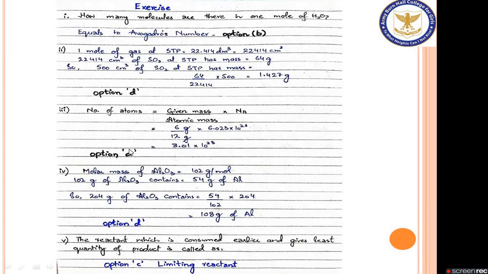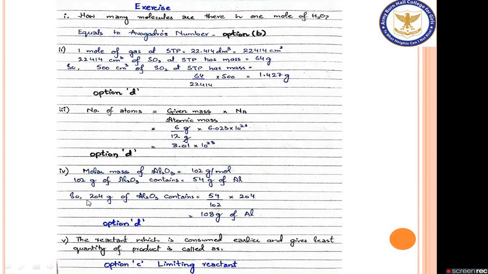The next one we have: what is the mass of aluminium in 204 grams of aluminium oxide, Al2O3? For solving this, the molar mass of aluminium oxide is 102 grams per mole. This 102 grams per mole of aluminium oxide contains 54 grams of aluminium, as we have 2 moles of aluminium in this aluminium oxide.